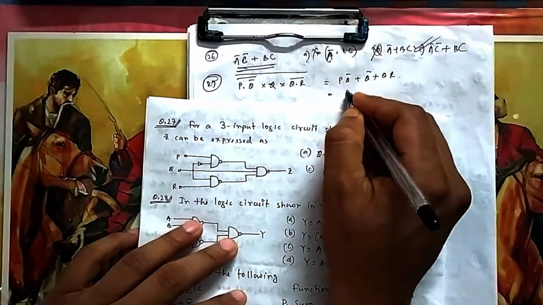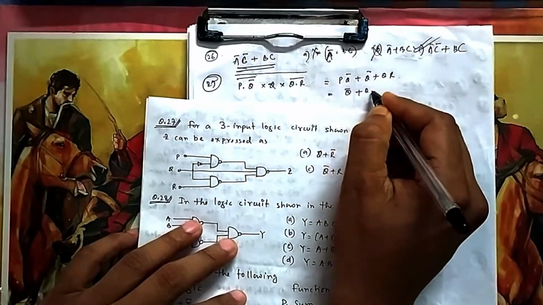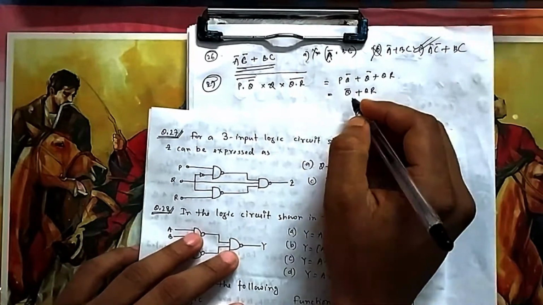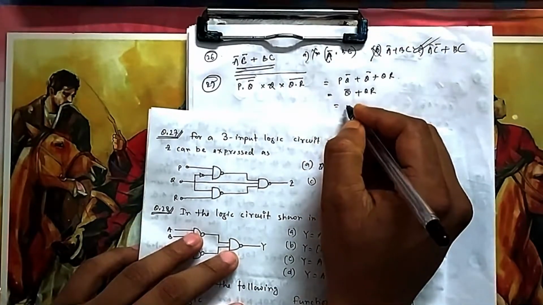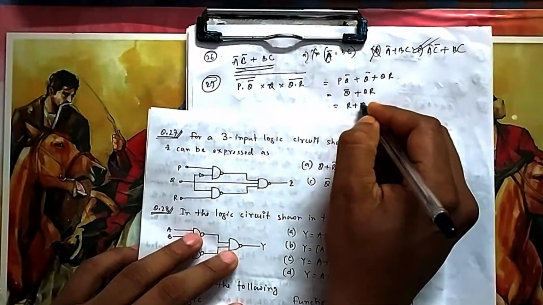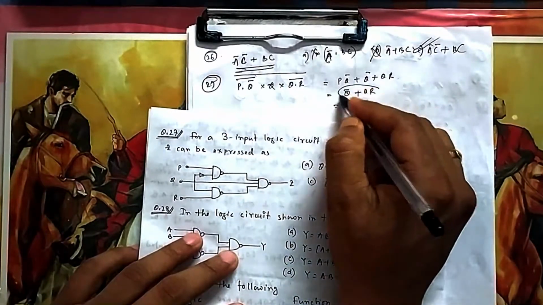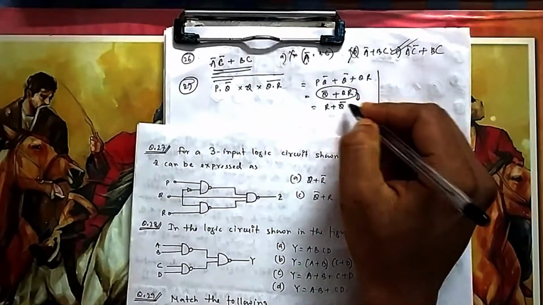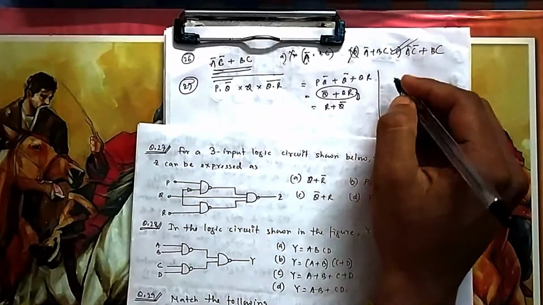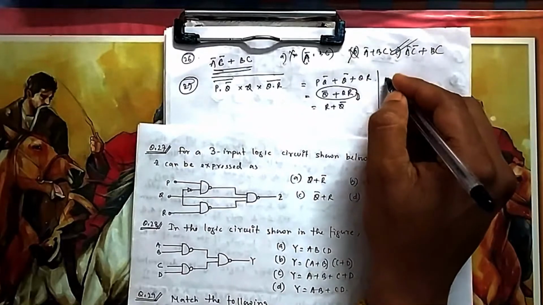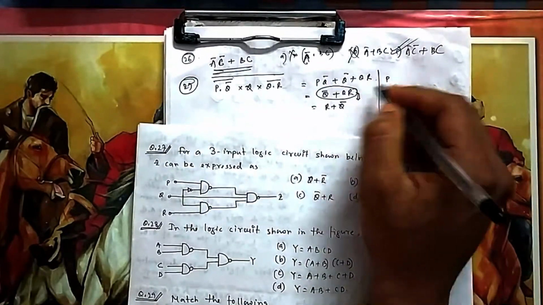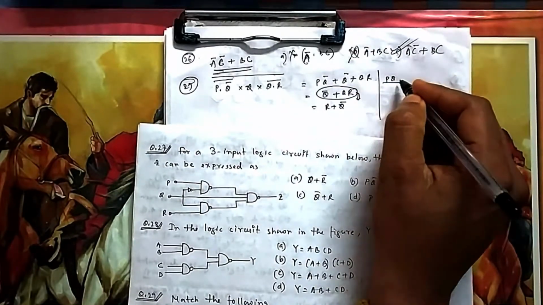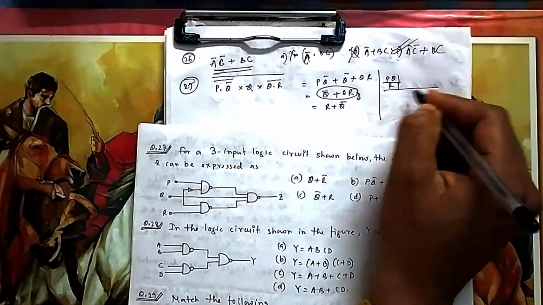If you take Q bar common, then it is Q bar plus QR, and there is a rule in Boolean algebra, you can further write it as R plus Q bar. Suppose you are not able to write it or you forget this rule, you can write a K map with PQR, then you can also simplify.